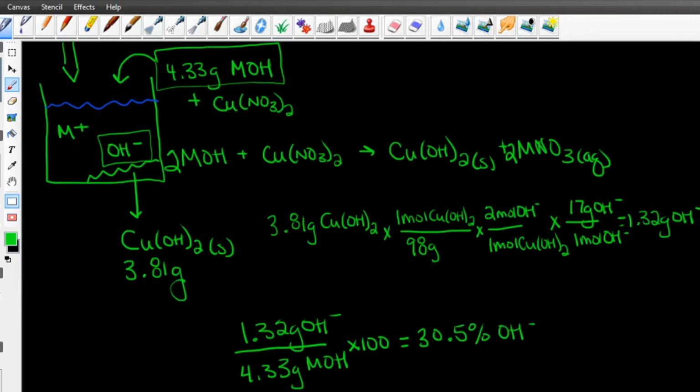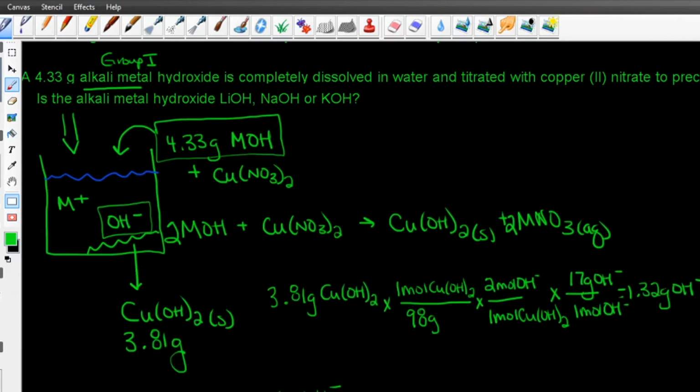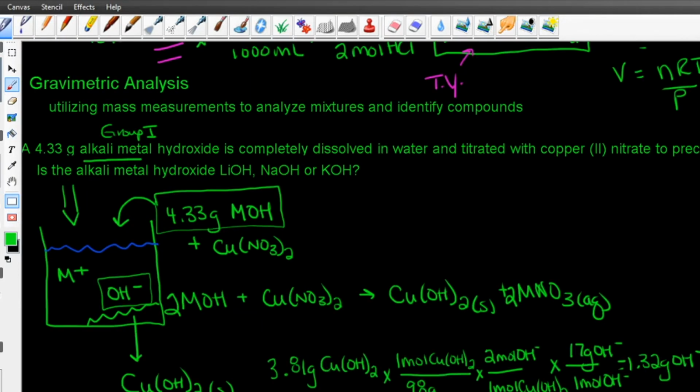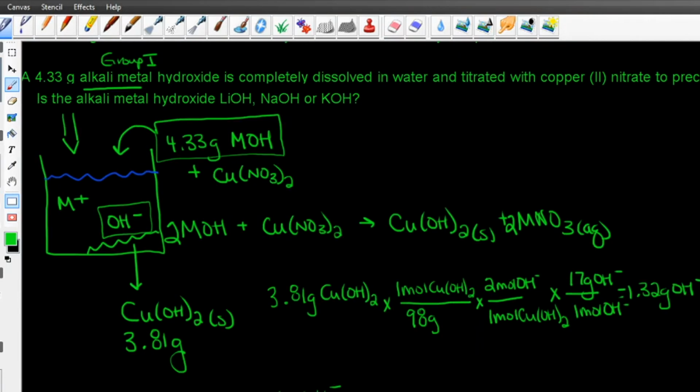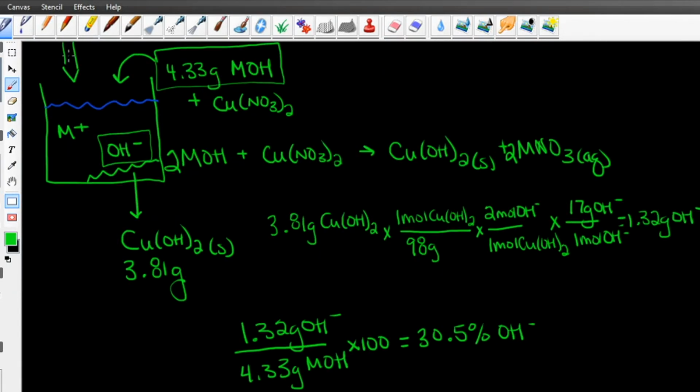So now I can go back to the original problem and I can figure out the percent compositions of the different alkali metals that I was asked to compare to. The question was asking, is this lithium hydroxide, sodium hydroxide, or potassium hydroxide? Why am I getting these weird dots?